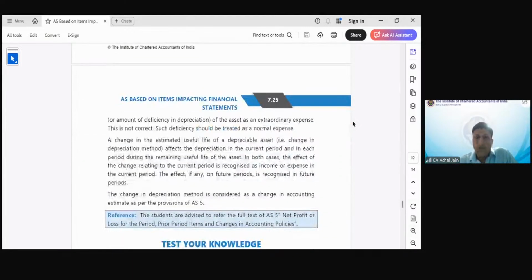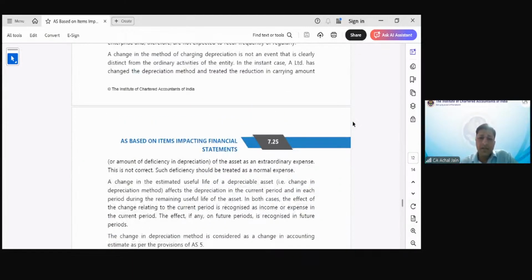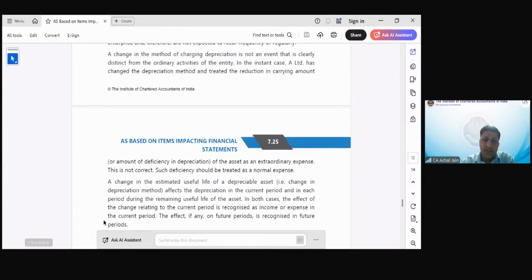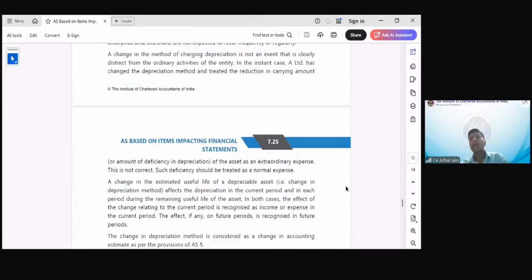Now the next question arises: when you change this method of depreciation, what do you call it? Change in estimate. Change in estimate, right? Why? Because depreciation is nothing but an estimate.